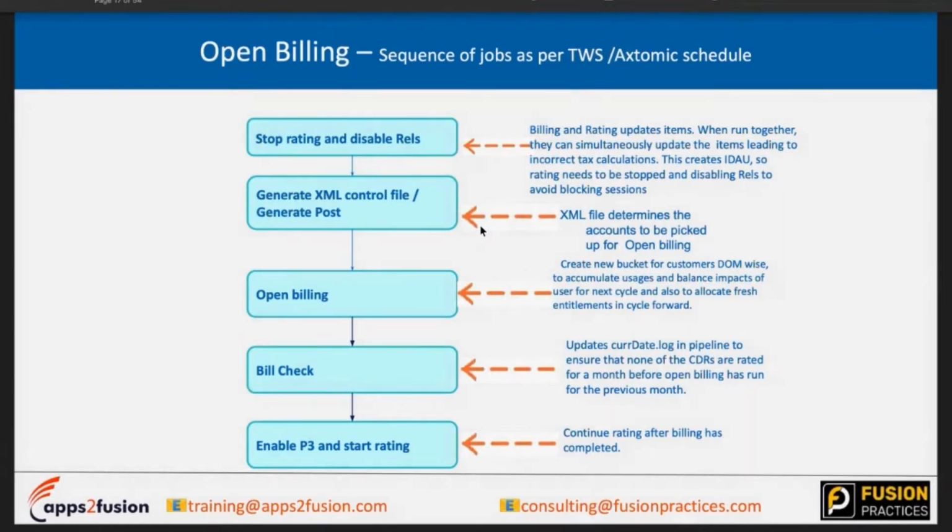see if those have actually got the entitlements or not, because if the accounts have not got the entitlement for that particular cycle, any usage will be charged with an amount. Supposedly your bill cycle was the first, and on the first of the month your open billing ran and was supposed to give you 300 minutes, but somehow it failed and did not give me those 300 minutes.